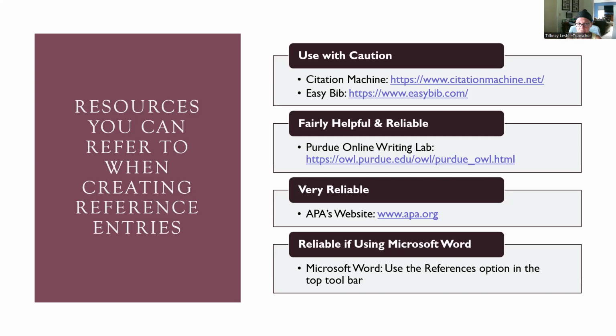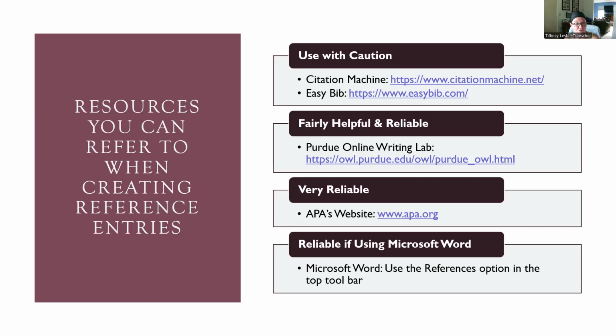If they're helpful, there's nothing wrong. Like I said, you aren't responsible for memorizing how to create the proper entry for every single type of source. It's not cheating to use a website that creates the reference entry for you. It's just, use it with caution because it might not be correct.